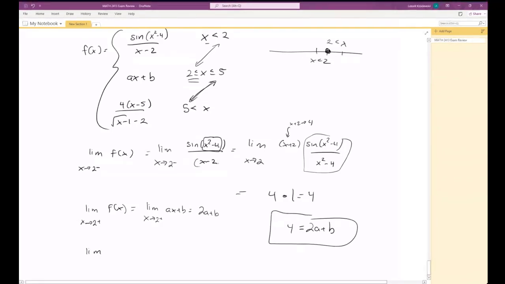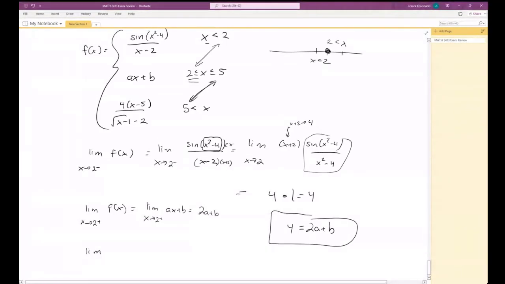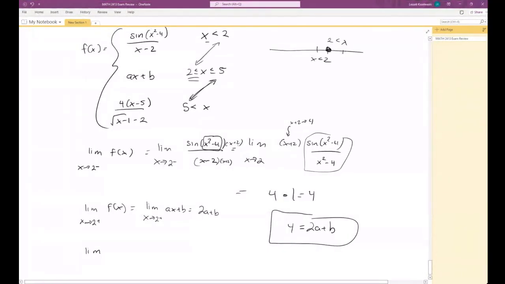So we anticipate that if we multiply the bottom by x plus 2, the conjugate, you would get x squared minus 4. So we multiply the top and bottom by x plus 2. You can multiply by conjugates to force a difference of squares, to get rid of square roots. If you have a perfect difference of squares in the sine function, you need that in the denominator.